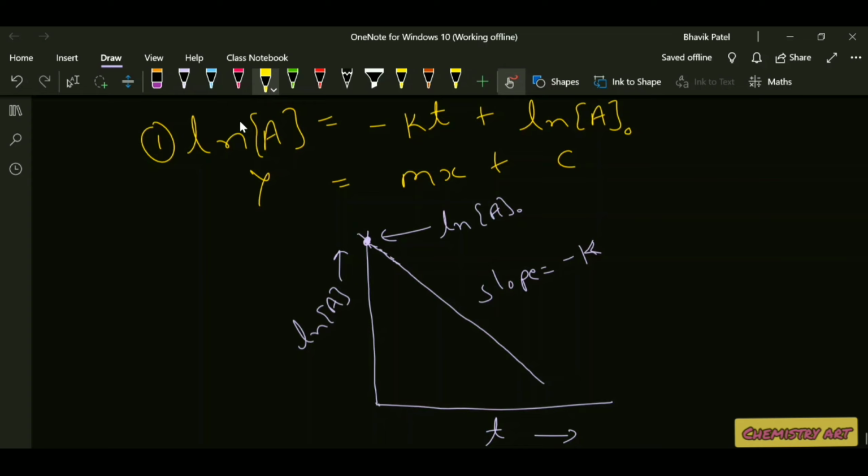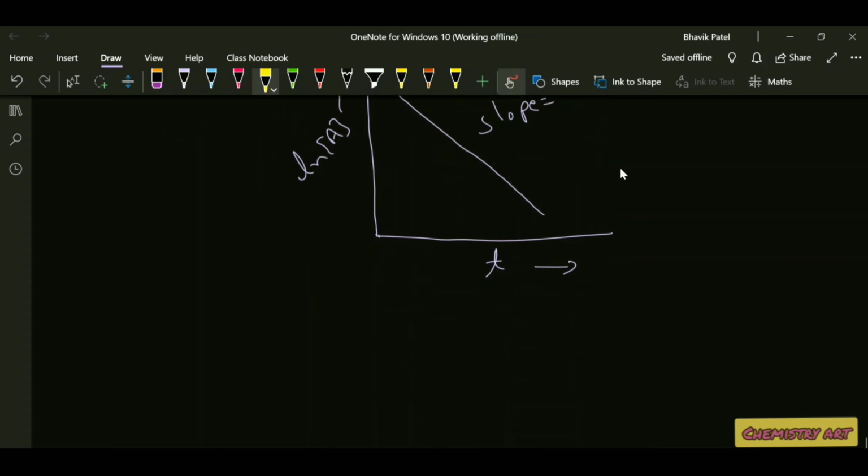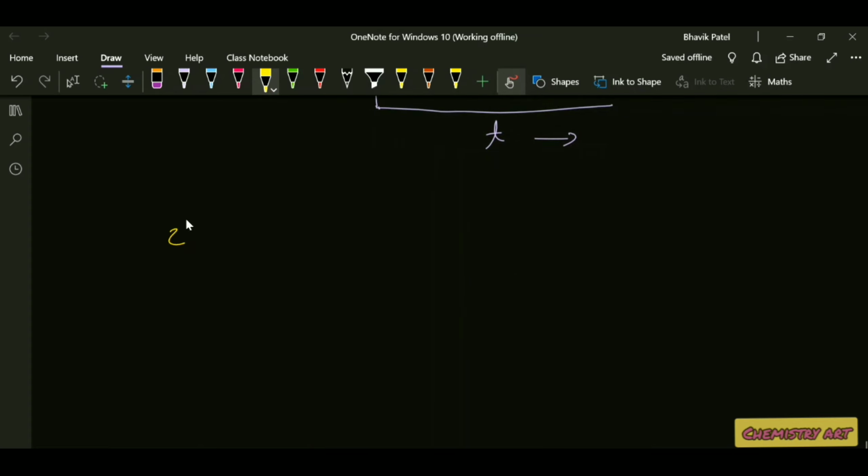So let's see another equation. See, if we are converting this ln A is equal to minus kt plus ln A naught into logarithm form, this is the second graphical representation. We can write ln A is equal to minus kt plus ln A naught.